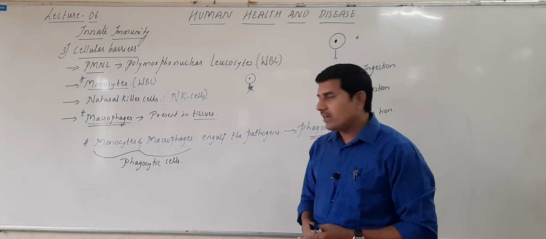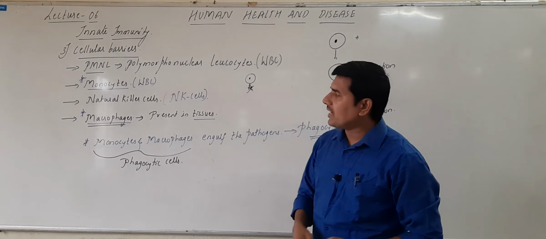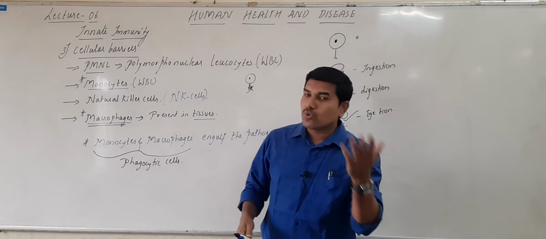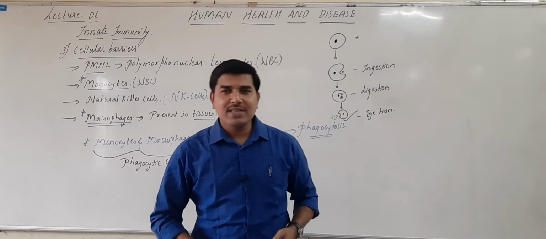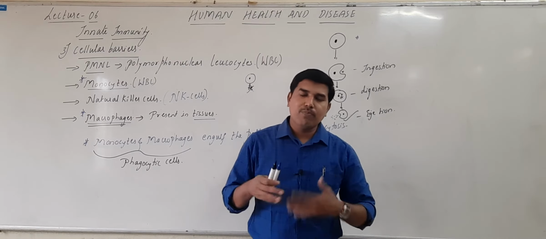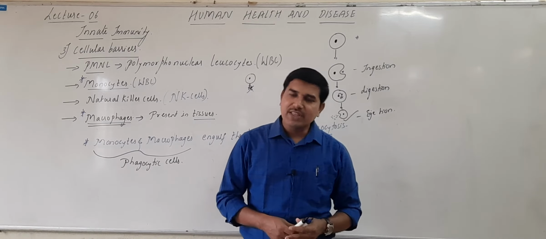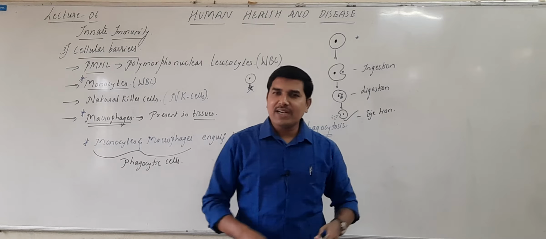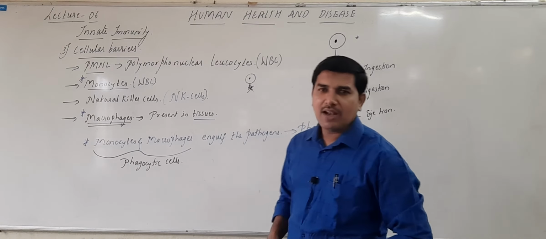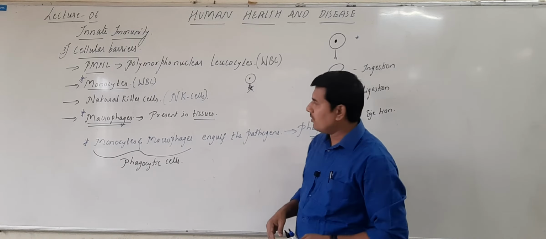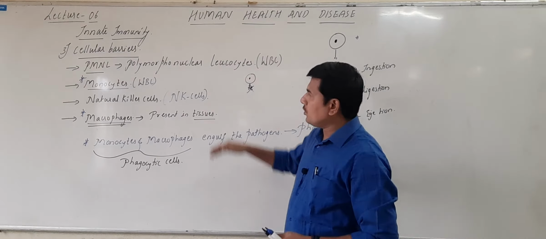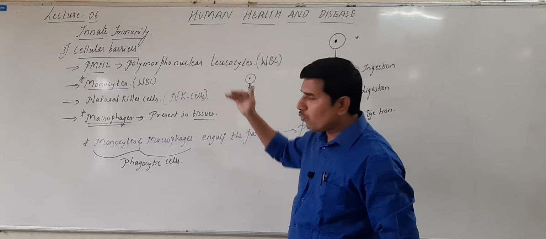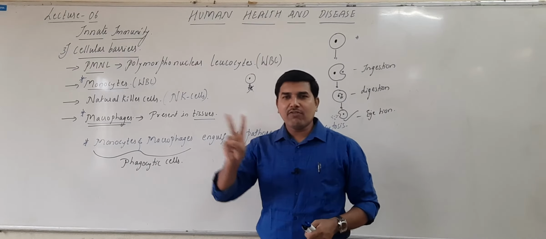Sometimes these NK cells also kill those cells which are infected, because infected cells have the chance of multiplication of the pathogen. During that condition also they can kill those cells which are infected. So that's why the name natural killer cells. This is the cellular barrier which forms the second line of body defense.